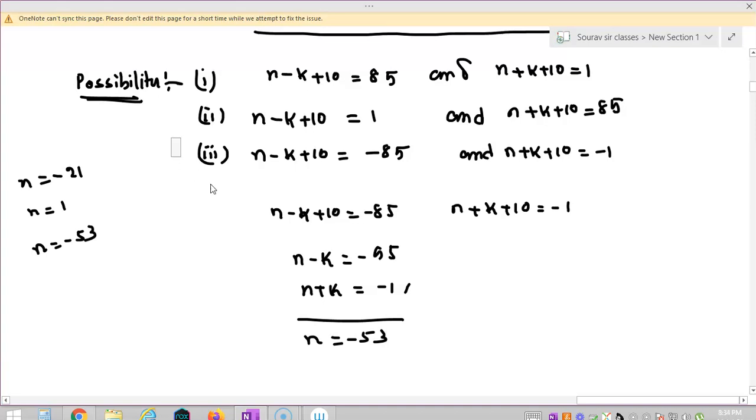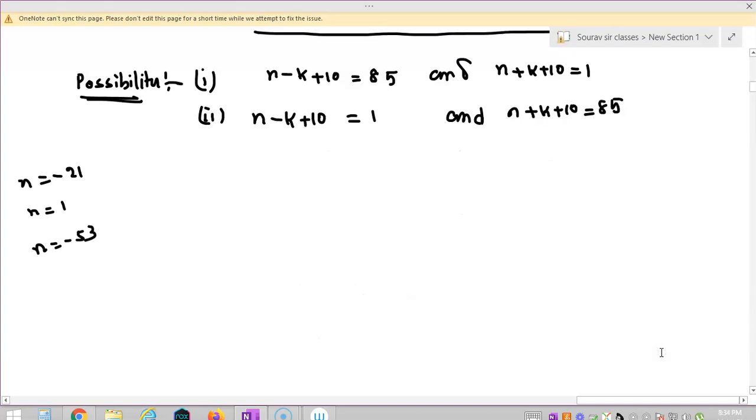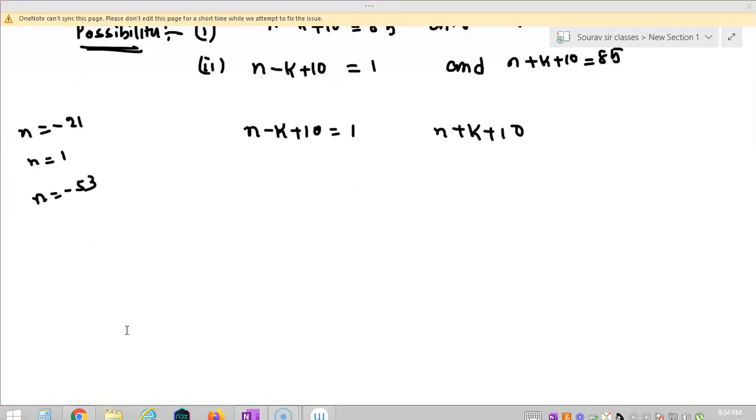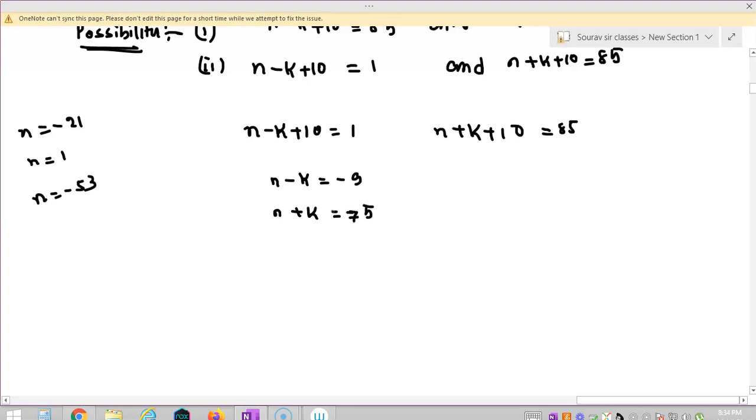Now let's solve the equation 2. Actually equation 2 and 1 both give us the same solution. Okay, so n minus k plus 10 is equal to 1 and n plus k plus 10 is equal to 85, right? So n minus k is equal to minus 9 and n plus k is equal to 75.